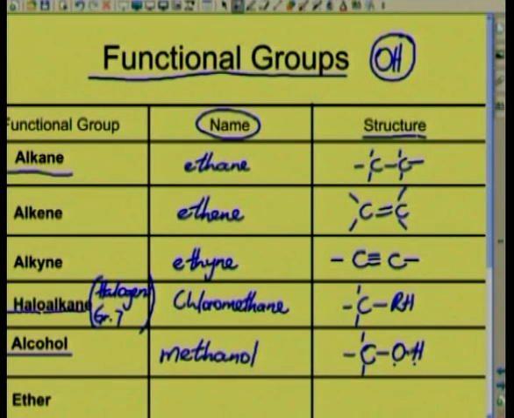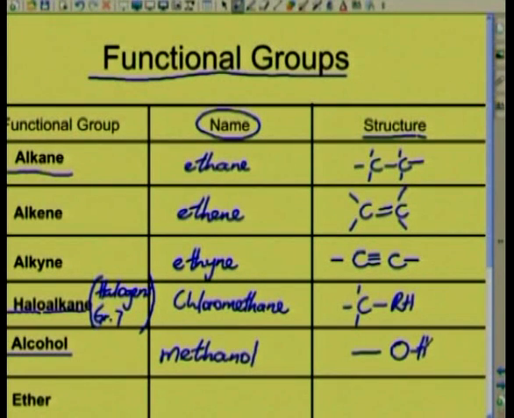Simply, if we have this OH there, then we have our alcohol. It could be methanol, ethanol, propanol, butanol, pentanol, hexanol, whatever. All these alcohols that we can get from organic molecules. But once we have that OH group, this tells us that we're talking about alcohols.